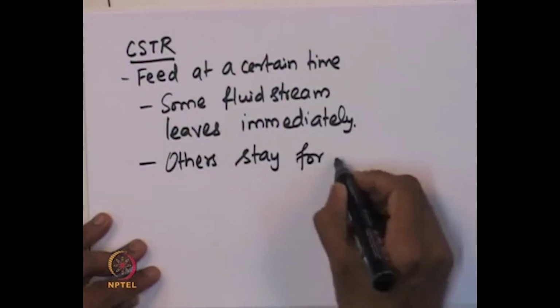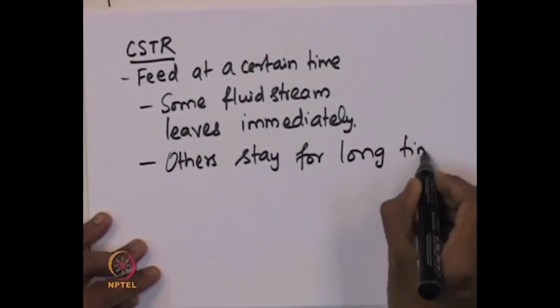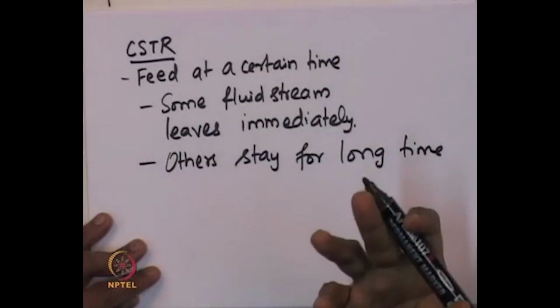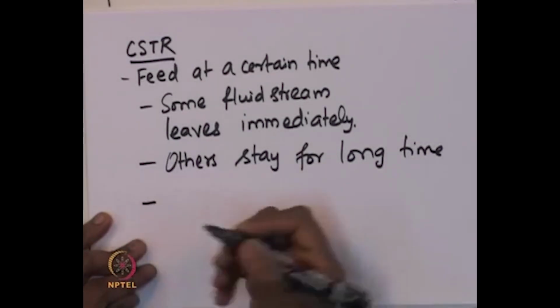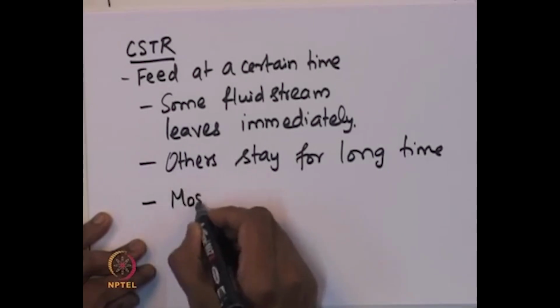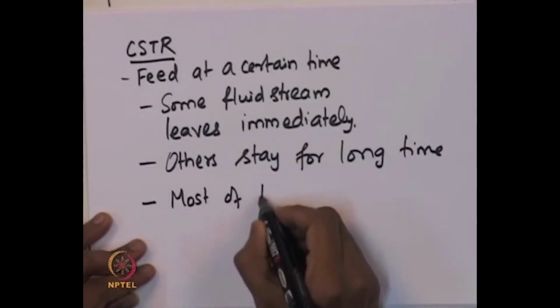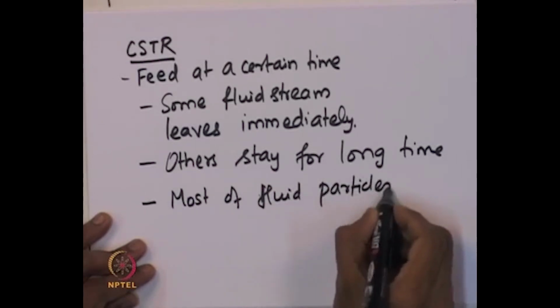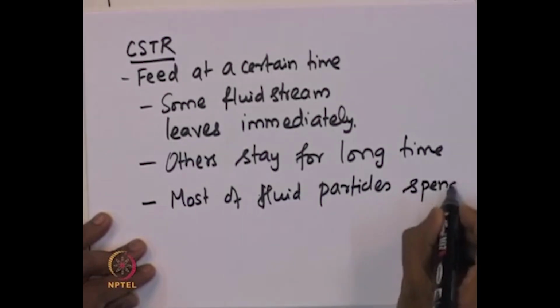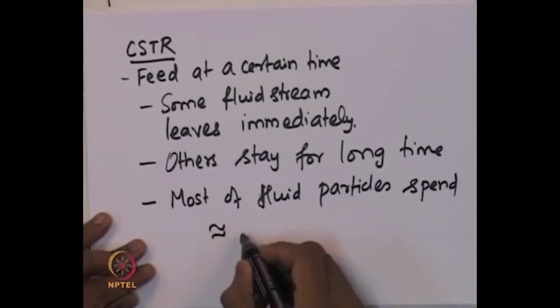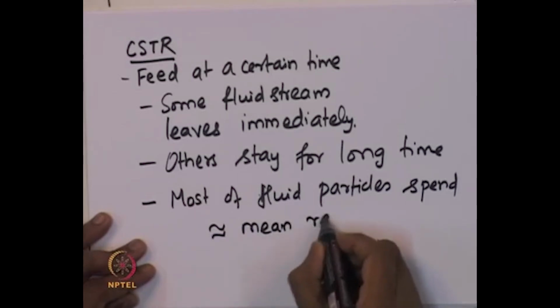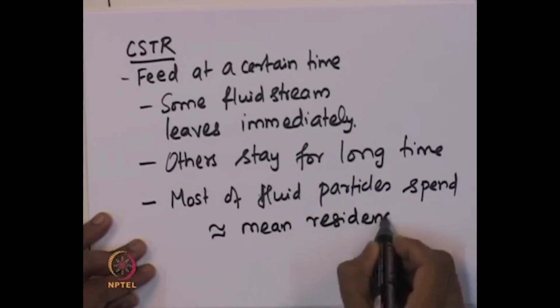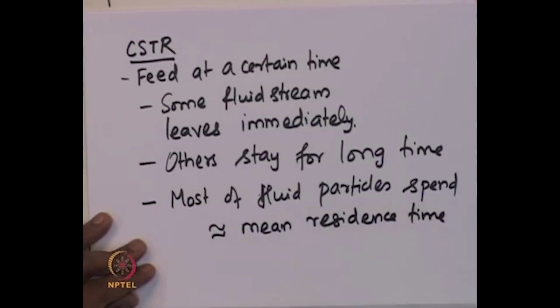So, other particles are going to stay for a much longer time. And in fact, it has been observed that most of the fluid particles spend approximately the mean residence time inside the reactor.